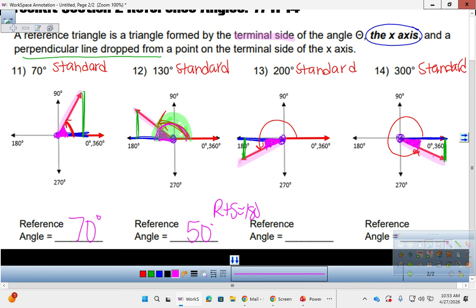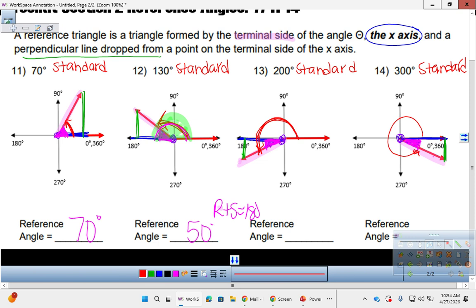Well, if I'm looking at number 13, my standard angle is this red. So it's 180, and then it goes 20 more, right? So the standard angle is 180, and then 20 more gets me to 200. Well, the 20 more is the pink. You see that? So it's 180 plus pink equals that big angle.